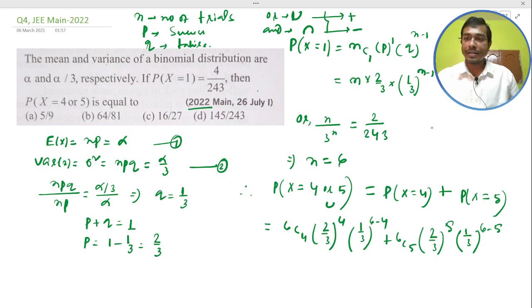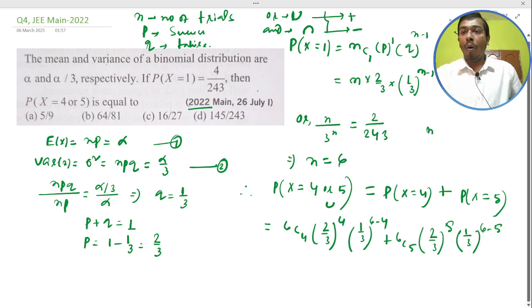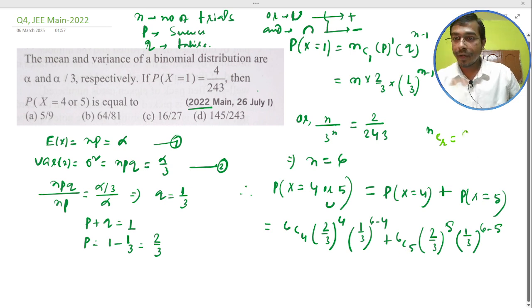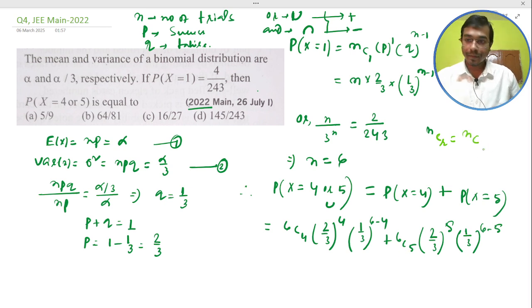And one relation is that nCr is equal to nC n minus r. This is the relation. You have to apply it.